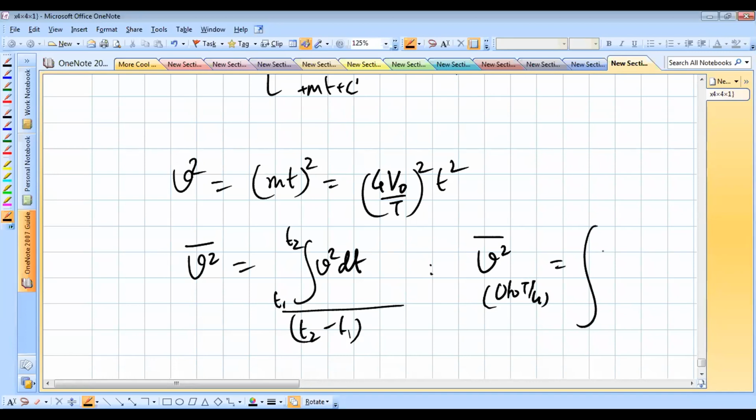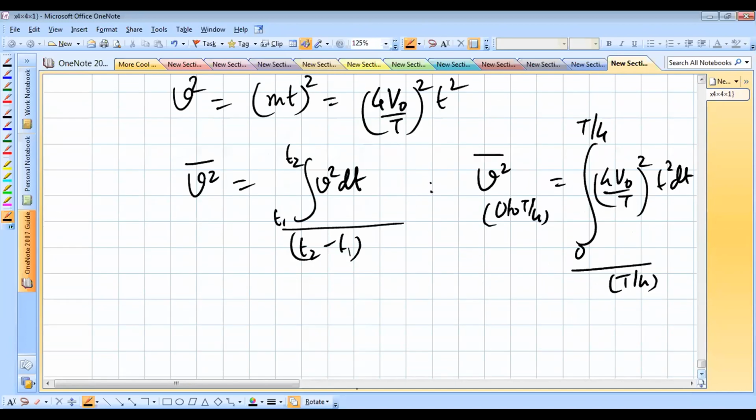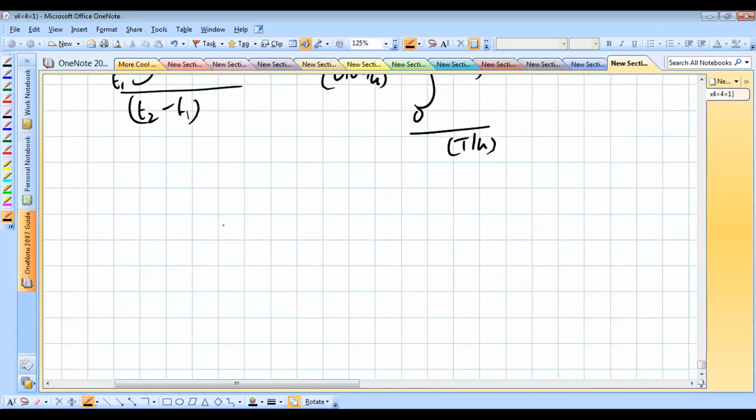So it becomes integration of v square, which is 4 v0 by t, which you can also just write as m initially, substitute that later, into t square dt, integrated from 0 to t by 4. The whole thing divided by the time interval, which is t by 4. So this is how we calculate the v square's average value. Then we'll take the square root of that. So this is the mean square voltage.